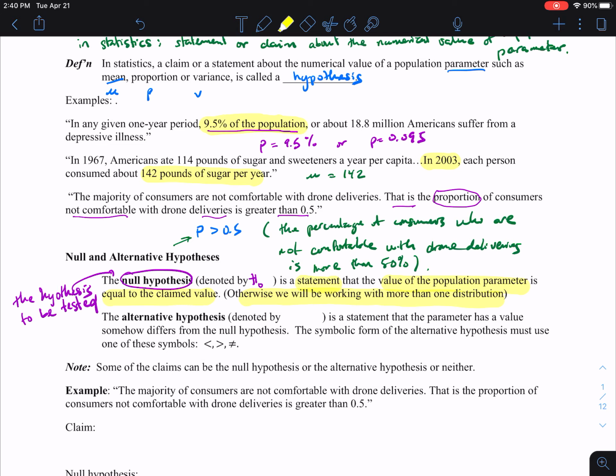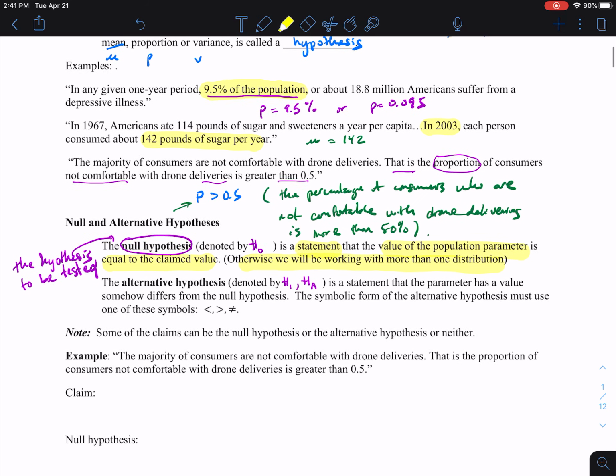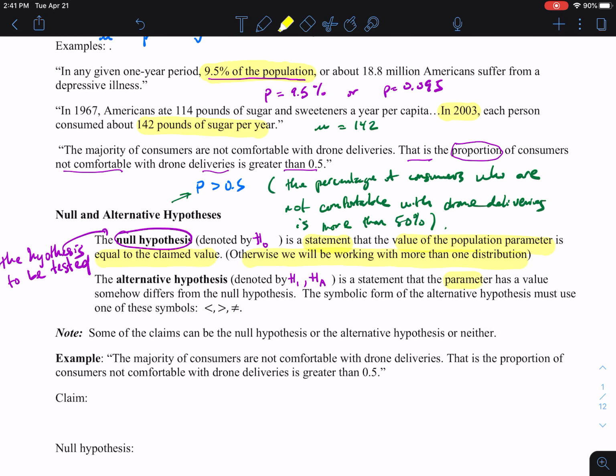Then the alternative: if we assume something with the null hypothesis and we gather evidence, and it turns out the evidence doesn't support the null hypothesis, then we go with the alternative hypothesis, a different claim or different statement. That's what the alternative hypothesis is, denoted by H sub 1 or H sub A, depending on the book. This is a statement that the parameter has a value that somehow differs from the null hypothesis, and usually the symbolic form is either greater than, less than, or not equal to.